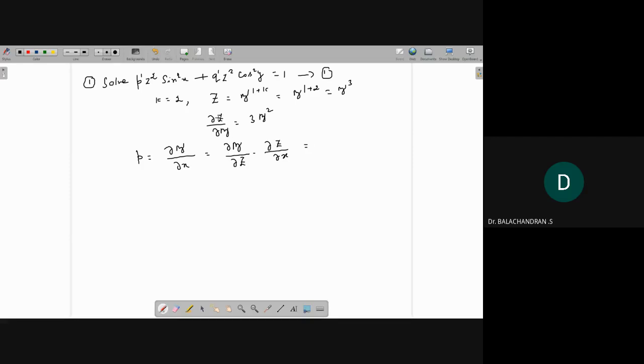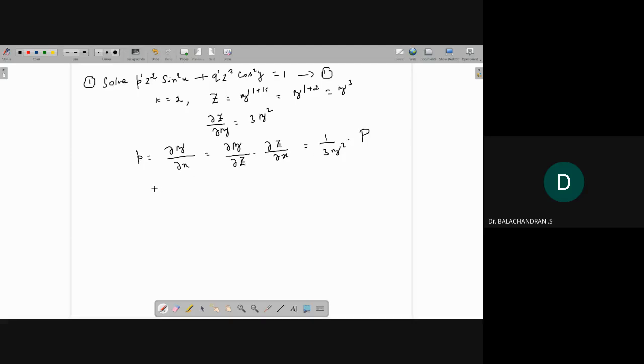We know that dou capital Z by dou Z equal to 3Z square, so just the reciprocal of this is 1 by 3Z square, into dou capital Z by dou small x is capital P.